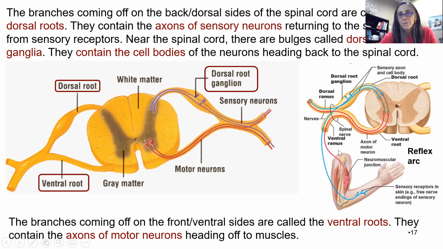In this case, it will stimulate a contraction of the bicep brachii. So the effector really is the specific muscle or gland that responds to the efferent impulse. This is the effector, the bicep brachii.